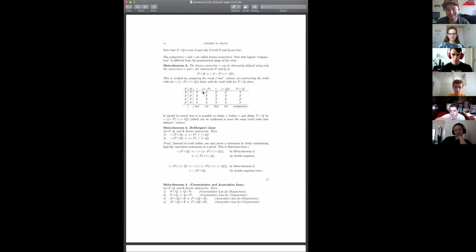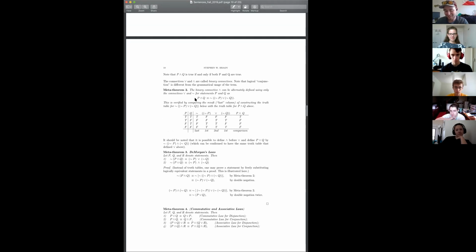Now, one of the things you do with more complicated statements, this one says it's not the case that either not P or not Q. Because we put either or in with English, this is not the case that either not P or not Q. All right.